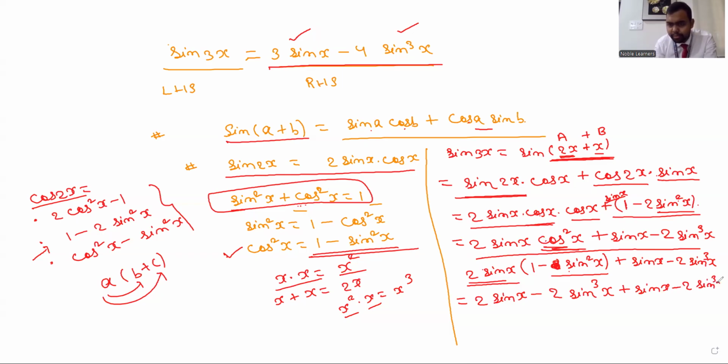I hope you get the point. Now you see 2 sine x and 1 sine x. So that will make plus and plus will make a plus. So 3 sine x will come, okay? Just a second, yeah. So over here, if you see, if you have minus 2x and minus 2x, what will that make?